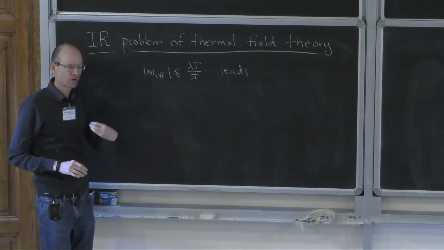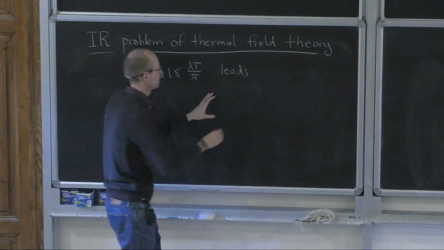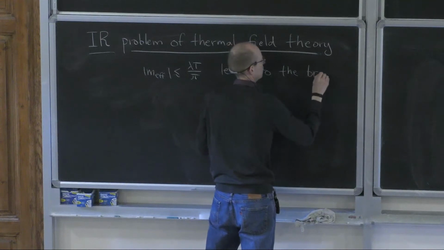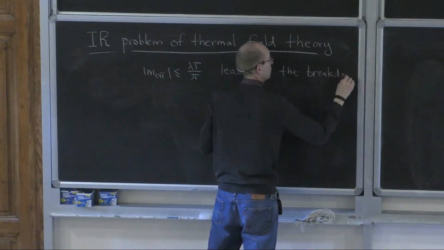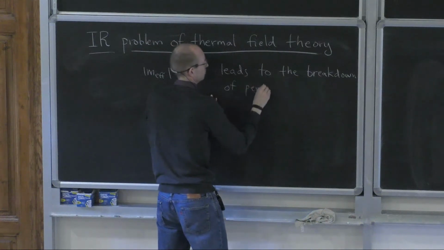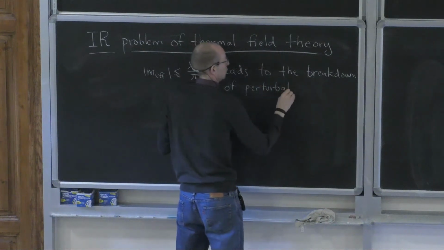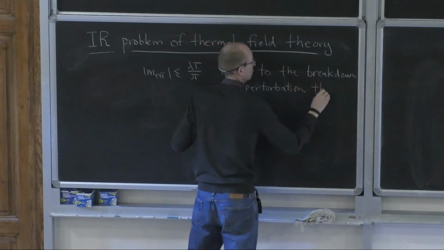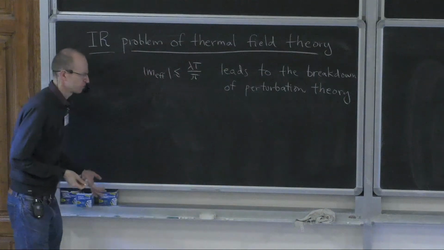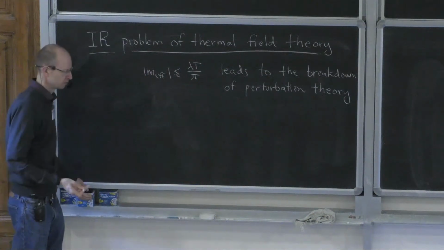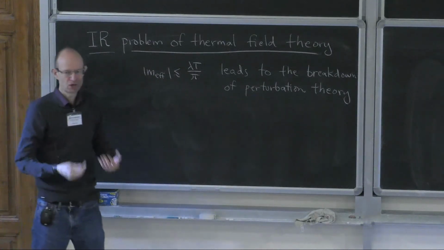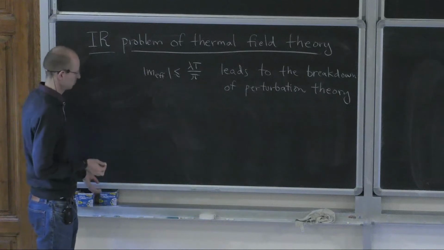It's just a problem for us because it leads to the breakdown of perturbation theory. And we just like perturbation theory because we are used to it, we can do it to different loop orders. We would like to think that it's a controllable, useful tool, but sometimes it is not.